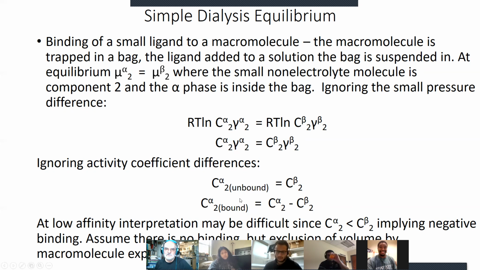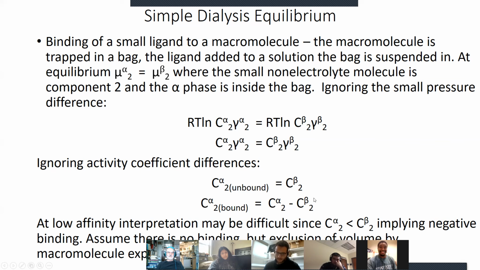The problem is that there's a difference between bound solute or bound ligand and unbound ligand. So the bag will actually accumulate extra total ligand if it binds. This implies that there's some distinction between what's bound and what's unbound, and you have to do a calculation to determine the differences between bound and unbound and how you might calculate that.